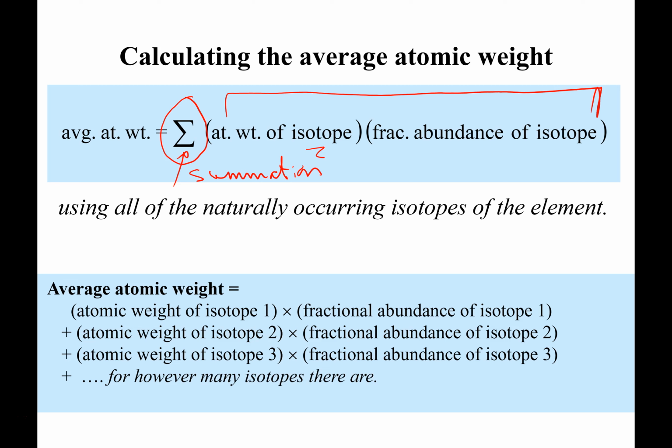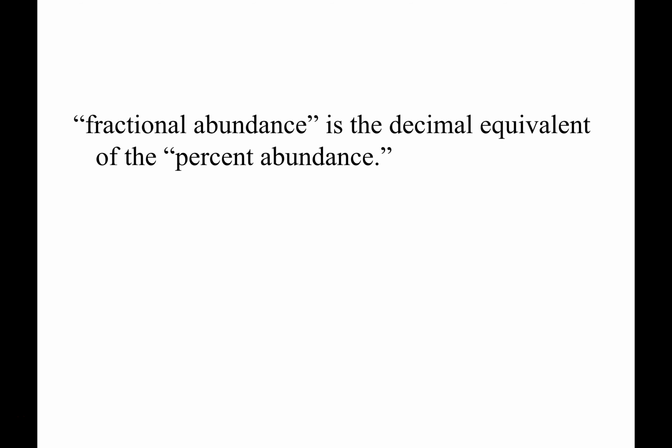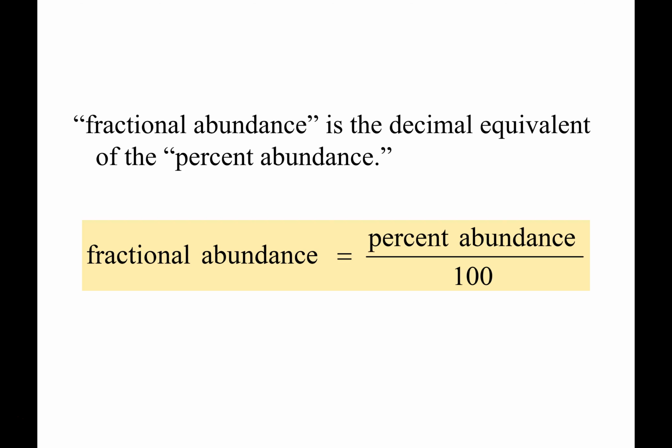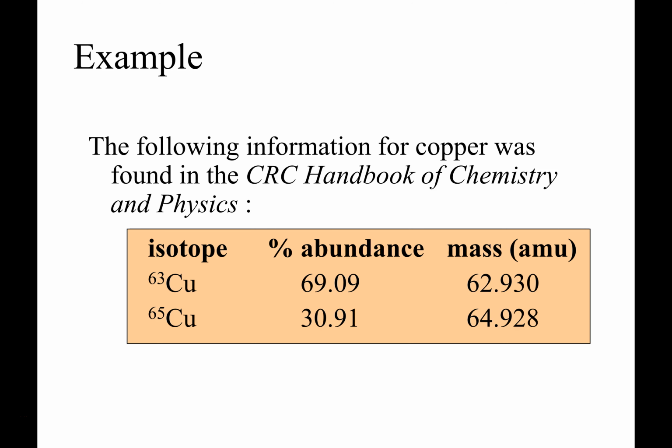We end up with these products added together. It's easier to show you than to describe it. In that formula, we need to get from percent abundance, which we're given, to fractional abundance, and here it is. All we have to do is take percent abundance and divide by 100.